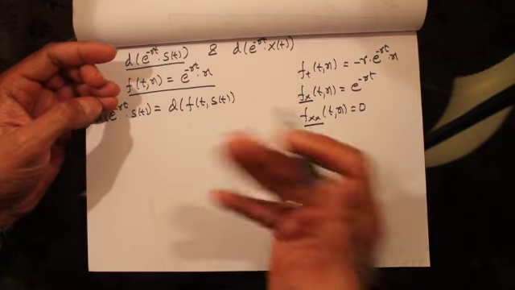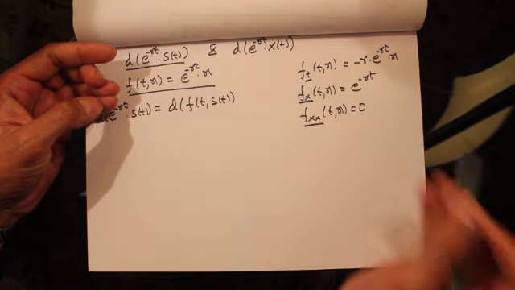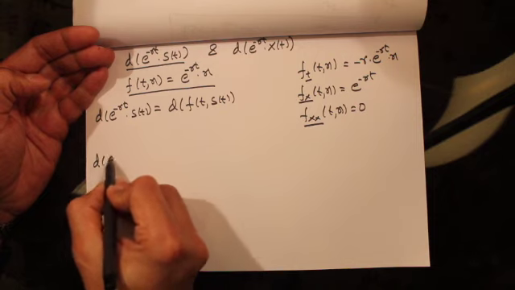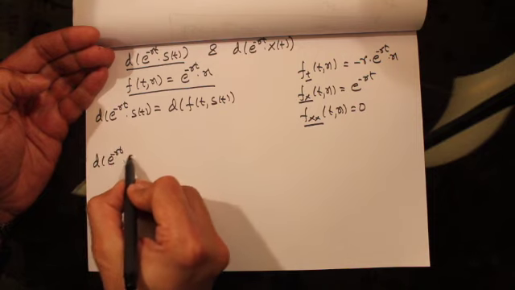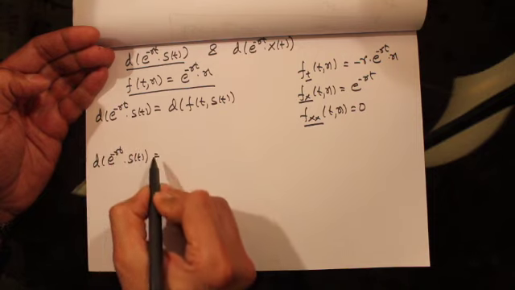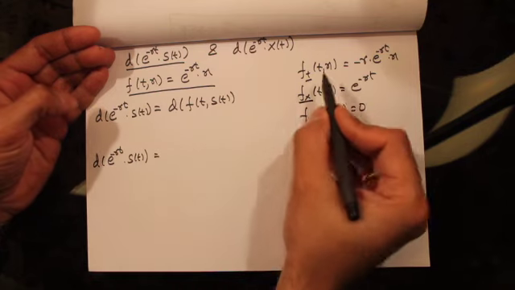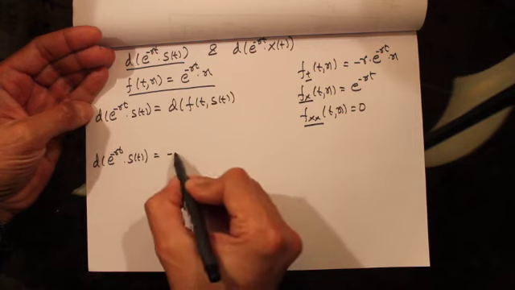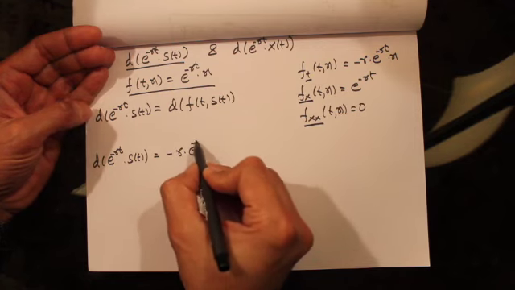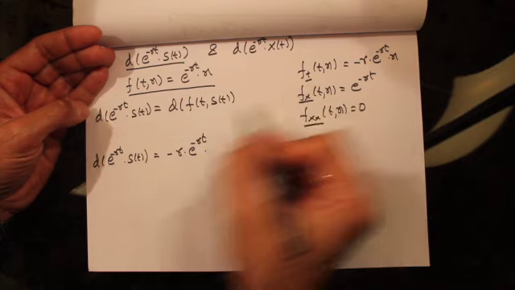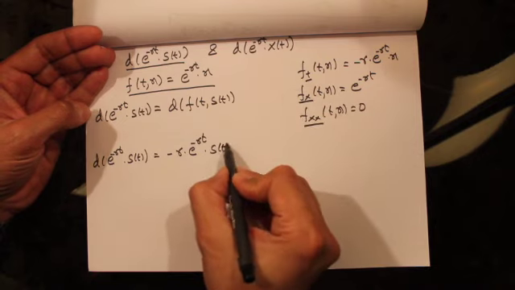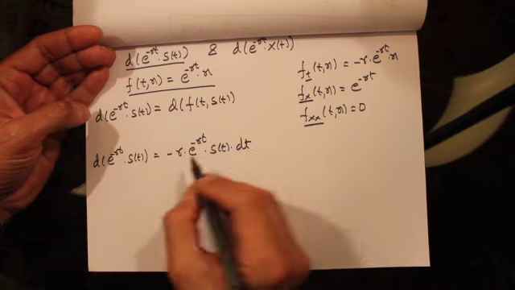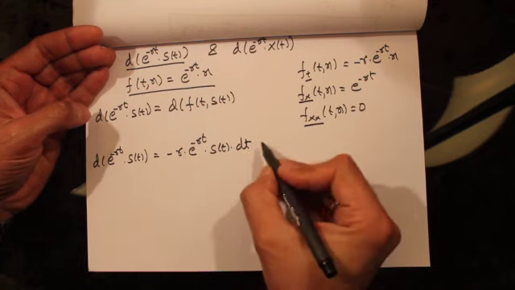T is time, which has zero quadratic variation, so we are only considering the first order terms. So we can write d of e^(−rt)S(t) then, according to Ito's lemma, becomes f_t times dt, so −r e^(−rt) times S(t)dt. That's the first order term. I don't need to consider the second order term here.